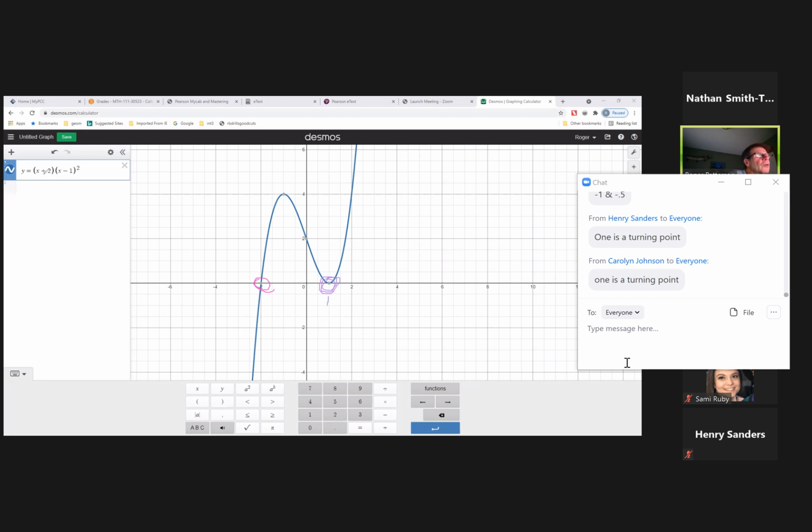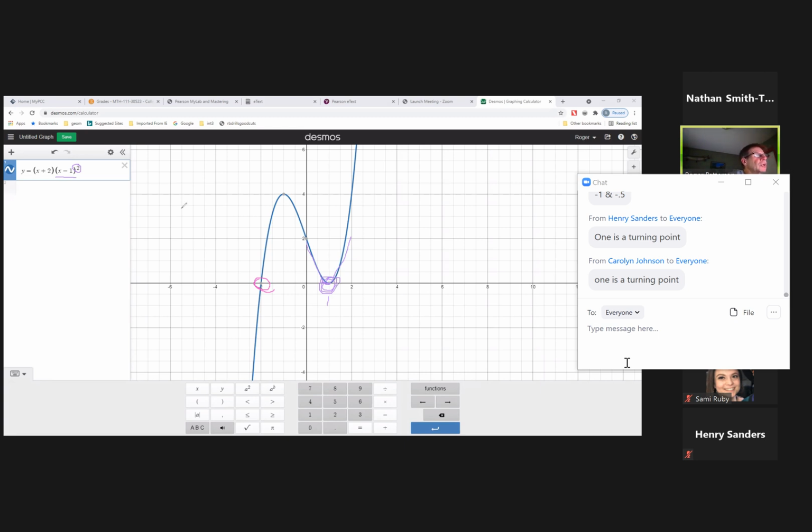Which comes from this right here, and it has a power on it. So when you have a power, it's a turning point. It comes down and touches and bounces off and goes back up. So we call that a double root. Your textbook refers to this as having what is called multiplicity.